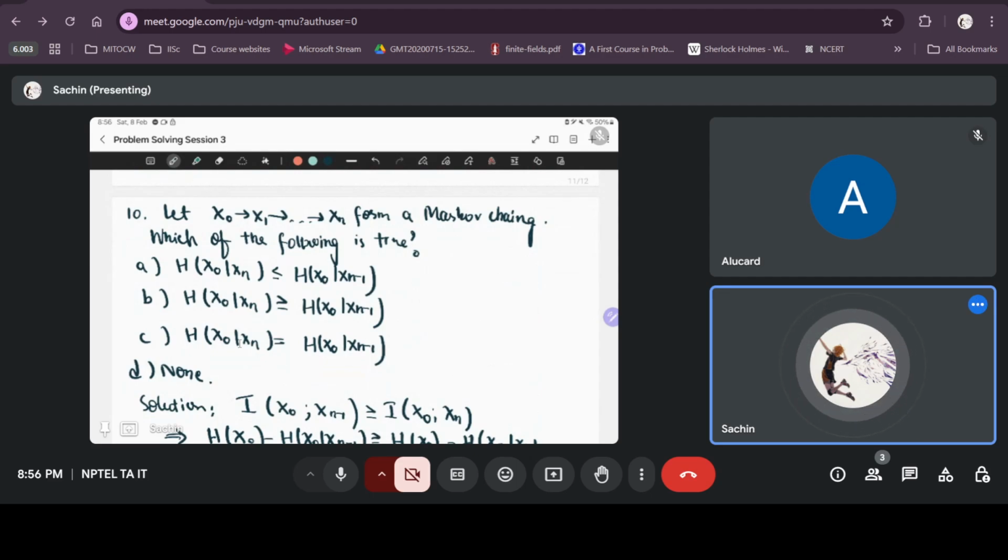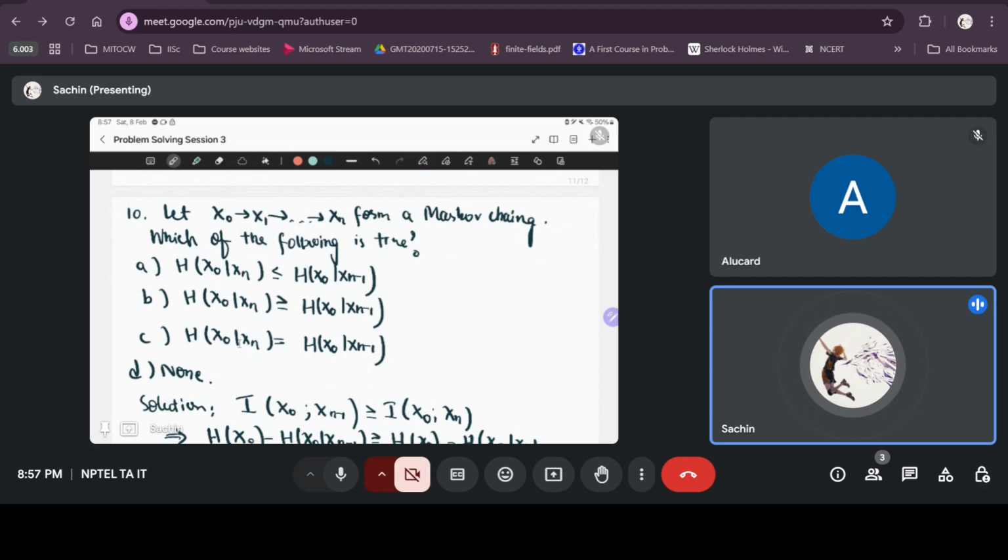That is, as you condition on random variables that are more and more downstream, the uncertainty in x0 grows. It can only go up, can't go down. Compared to conditioning on a random variable that is to the left, more upstream, that is x1 contains more information.